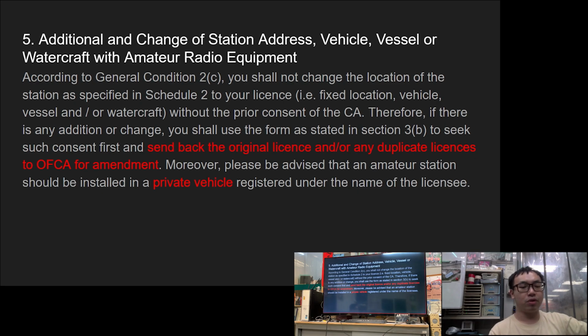They will give you the new license. And always remember that they didn't mention it in B1, but in B4, your mobile station can only be installed on a private vehicle. You are not allowed to install your mobile radio on any other places. For car, only private vehicles.